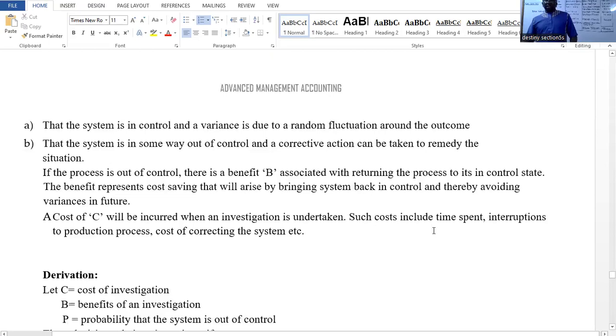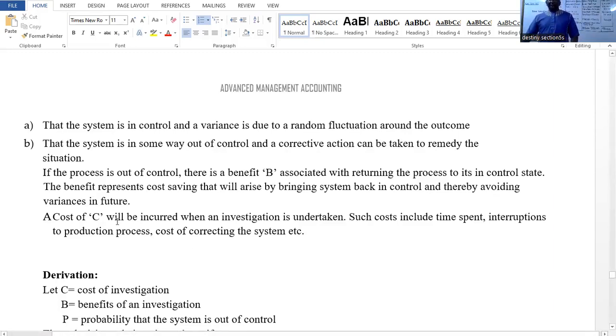So we are told that if the process is out of control, there is a benefit called B associated with returning the process to its in-control state. The benefit represents the cost saving that will arise when you bring back the system, by avoiding the variances that could be there in future.